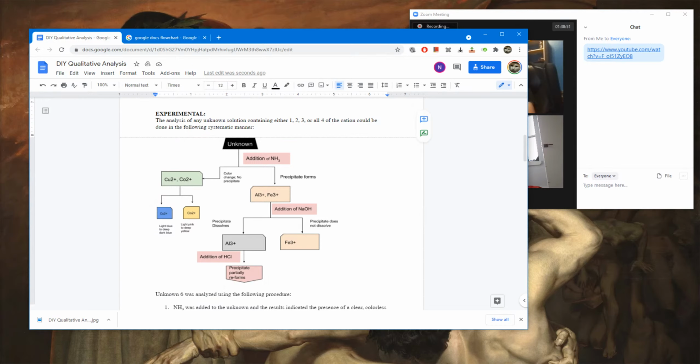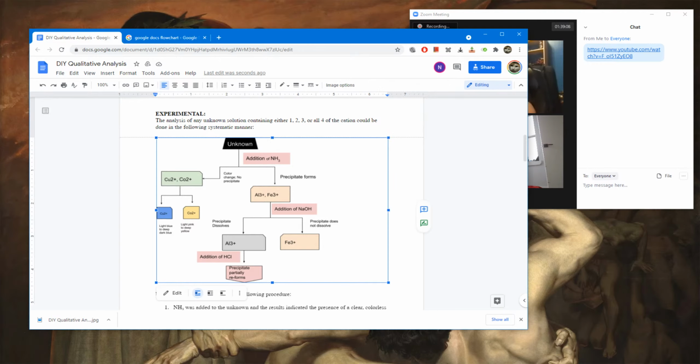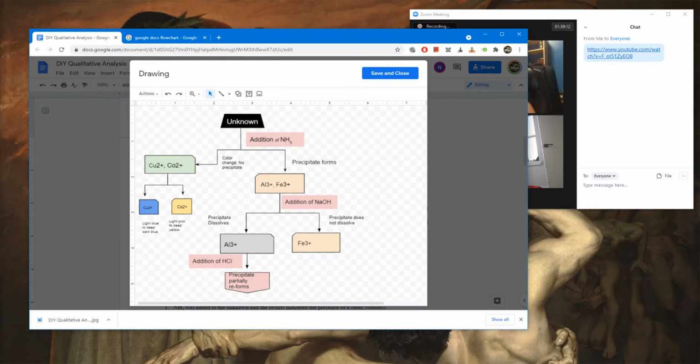Okay, what do you think? I think it looks good. Great, actually. Thanks. I was trying to make the initial colors different for copper and stuff. For some reason I couldn't get the subscripts working.